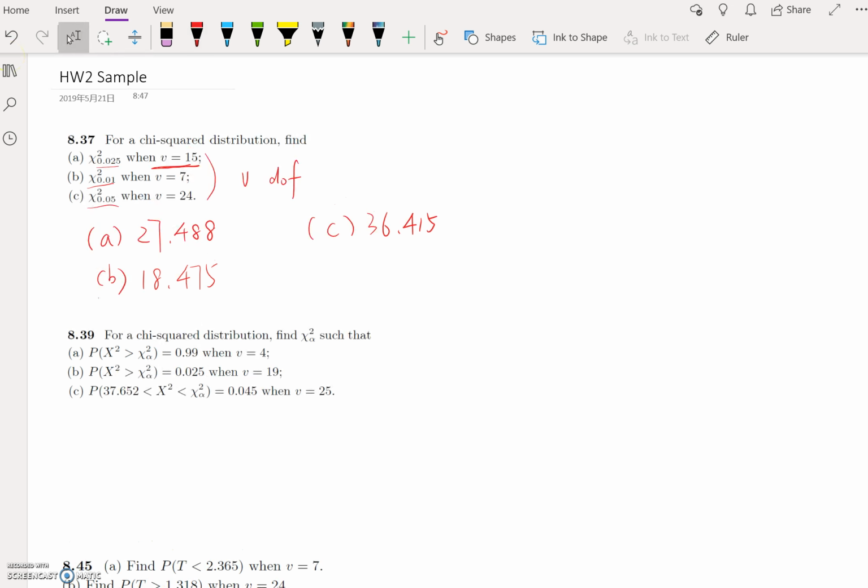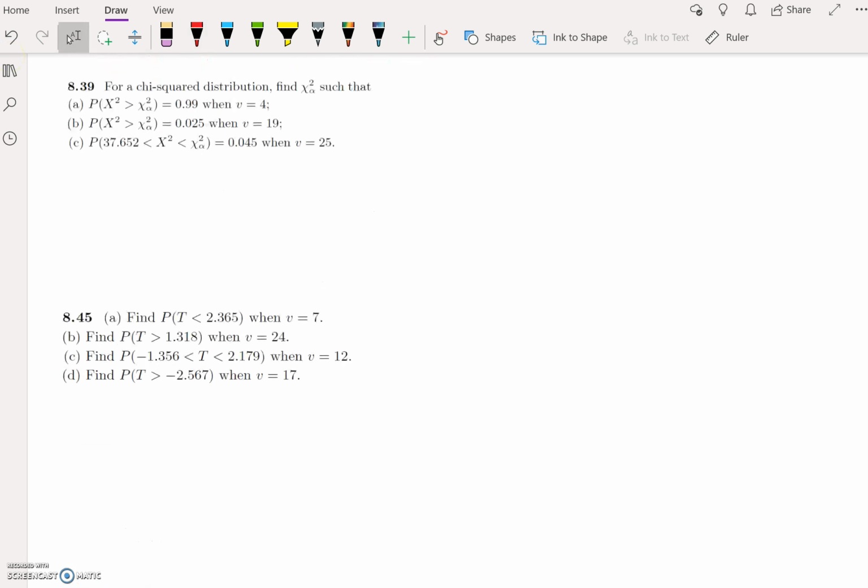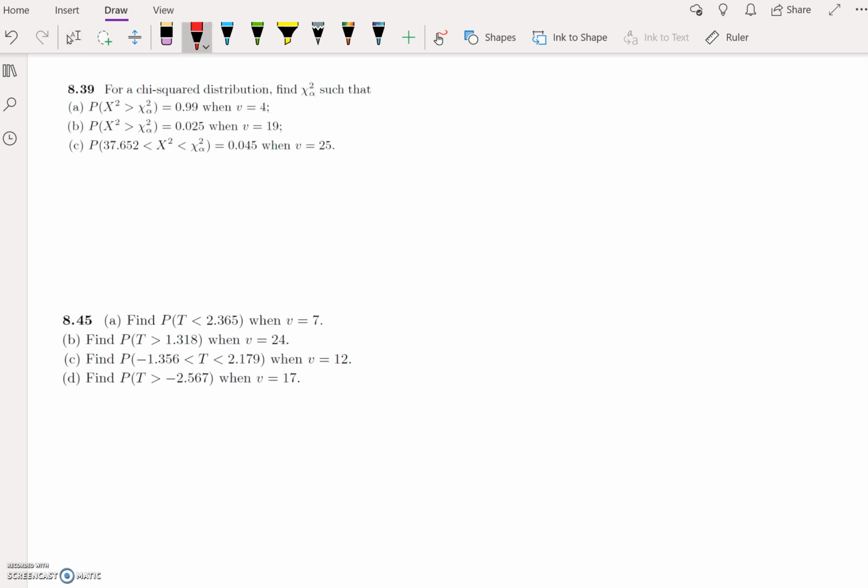Now let's look at the second problem. For a chi-squared distribution, find the x alpha square such that the probability equals 0.99 when the degree of freedom equals 4. As we mentioned before, for chi-squared, the value we find, the alpha, is in fact the probability that x squared is greater than something.